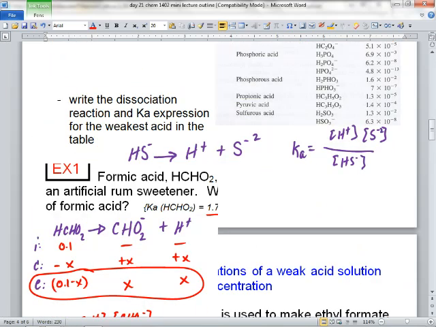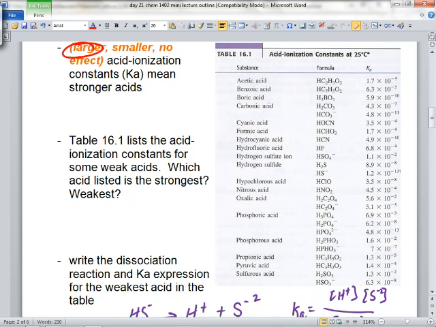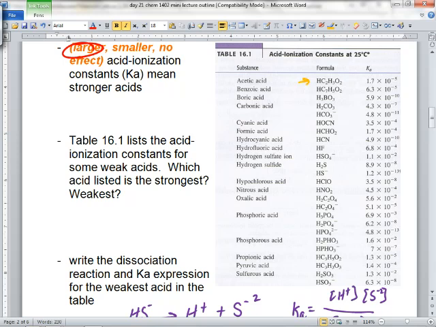Say you're writing the quiz, you're writing the exam. Alexa, which weak acid would you definitely not want to see on this quiz, the problem where you can't drop the x's? Which one would you not want to see? What's an example of one? Here's one that's questionable, but you might be able to get by with it.